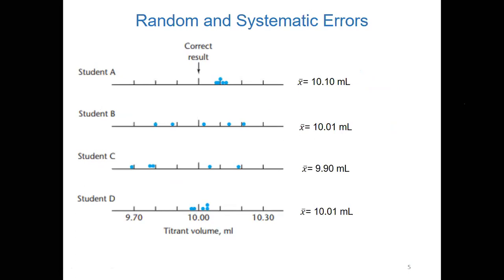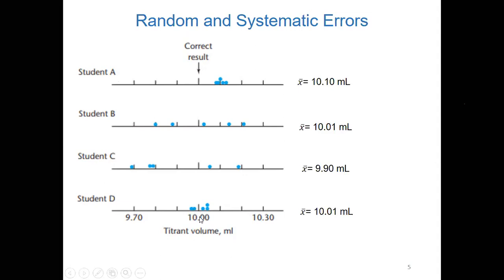Okay, let's take this example to distinguish what the random errors and what the systematic errors are. This is an example of a titration done by different students, student A, B, C, and D. The correct titrant volume should be around 10 milliliters, right?